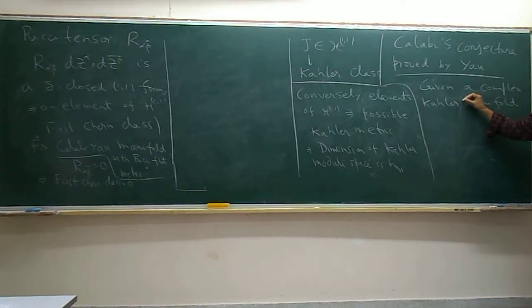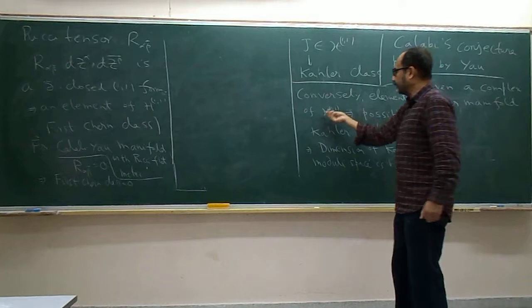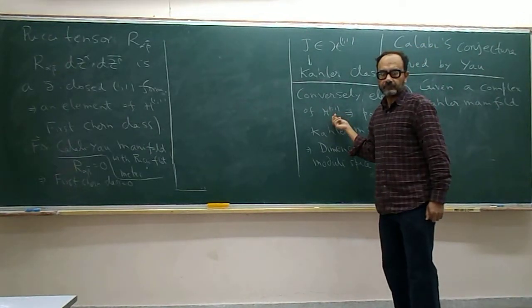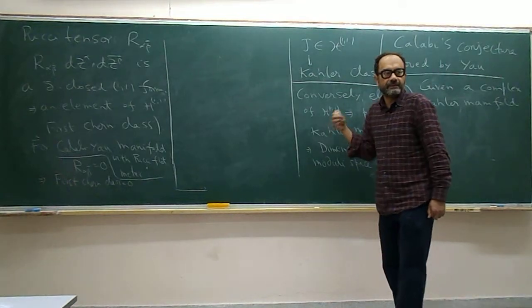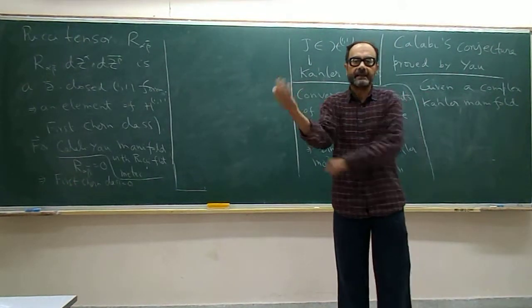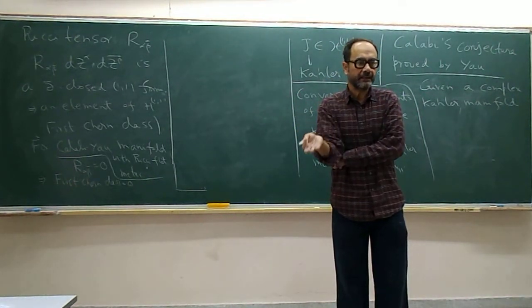In a given Kahler class, of course, the metric choice can vary, because the Kahler class only specifies the element of H11, but the element of H11 still leaves you with the freedom of adding exact forms. So it can vary.